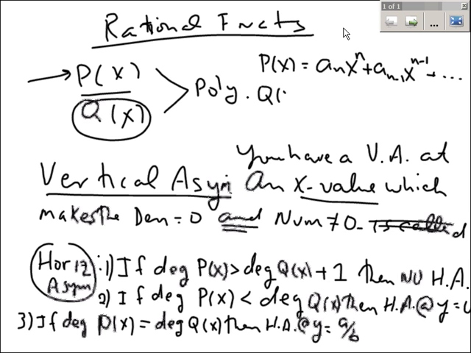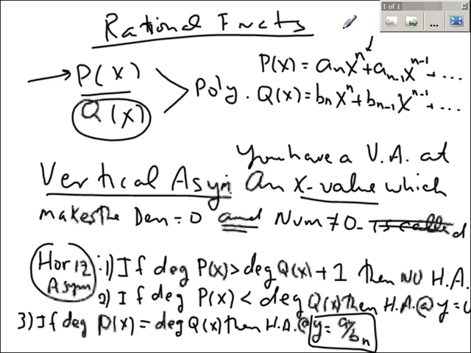So the degree of P is n, and if Q of x is b sub n x to the n plus lower terms, b sub n minus 1 x to the n minus 1, etc., then the horizontal asymptote is y equals a sub n over b sub n.